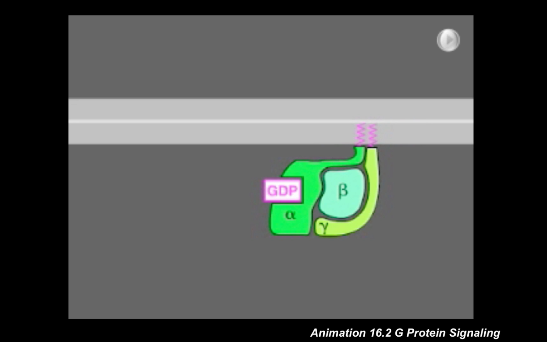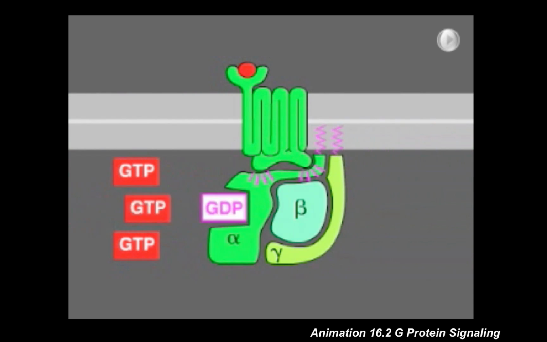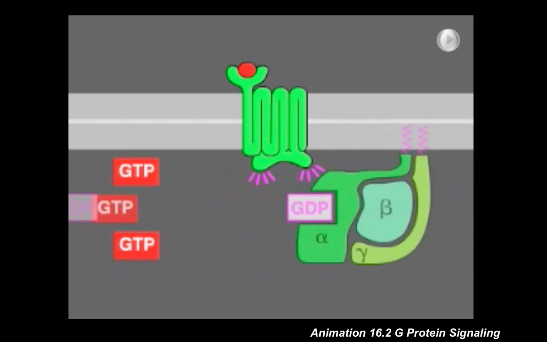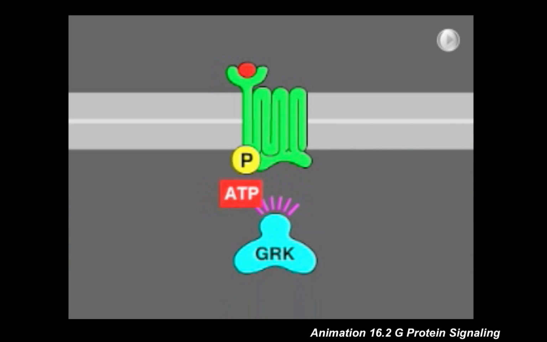As long as the signaling receptor remains stimulated, it can continue to activate G-proteins. Upon prolonged stimulation, however, the receptors eventually inactivate, even if their activating ligands remain bound. In this case, a receptor kinase phosphorylates the cytosolic portions of the activated receptor.